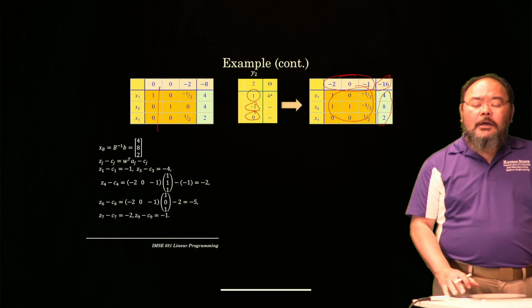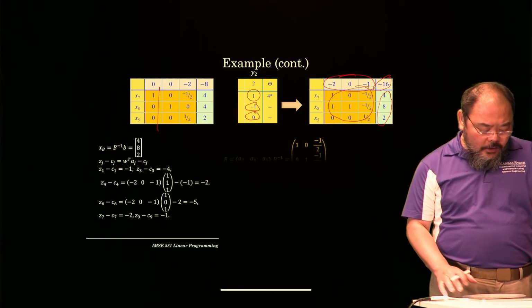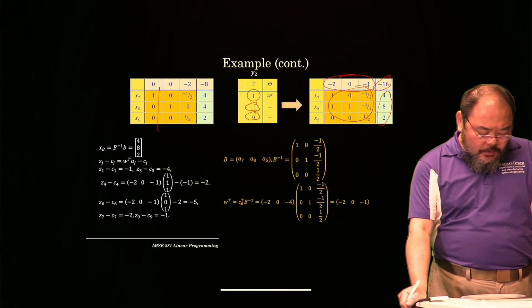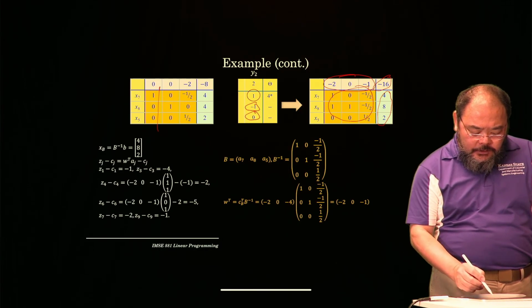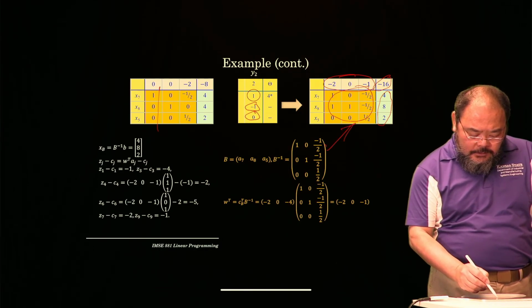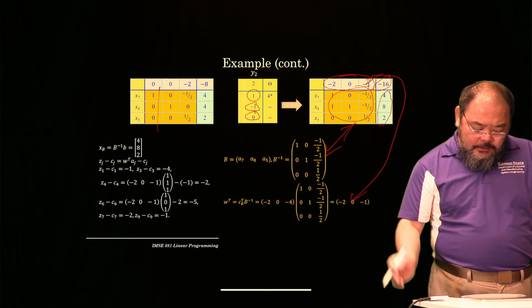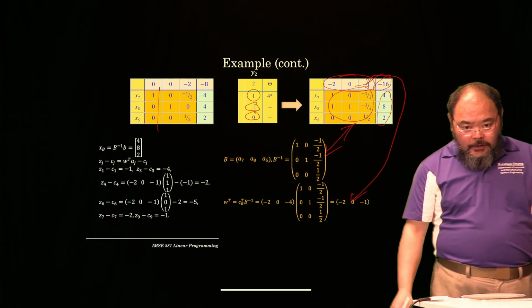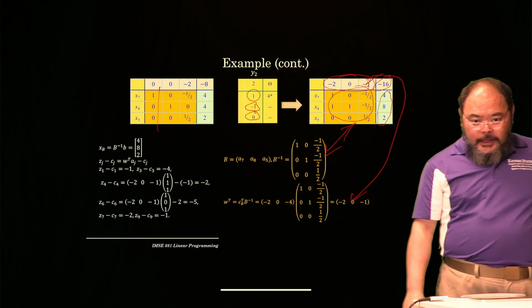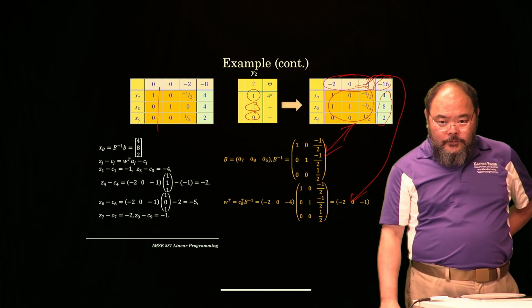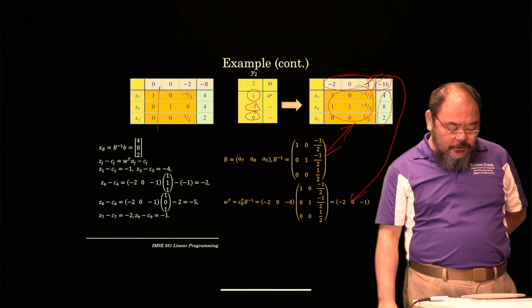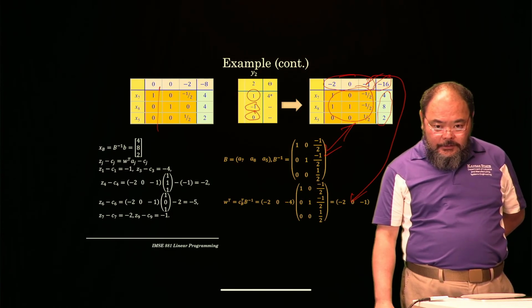And therefore, based on this, I can also recalculate. B inverse is already here. Omega is right here. So the yellow part you don't really need to calculate separately. Through one iteration of pivot, you should get that already in your Tableau.